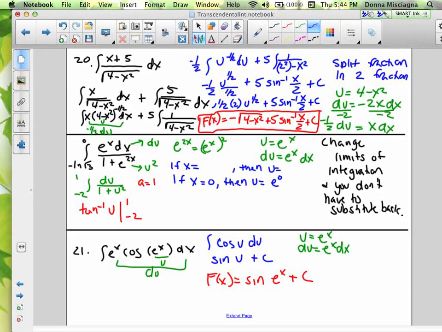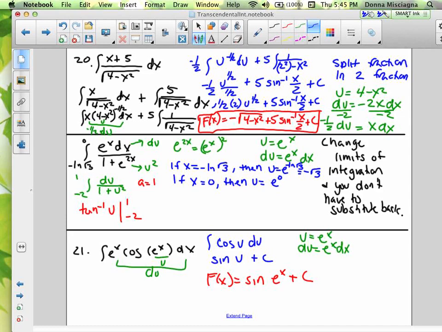If x equals negative natural log of square root of 3, then u equals e to the negative natural log of square root of 3, and that will be negative square root of 3.